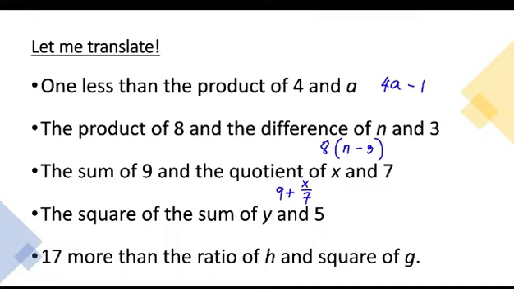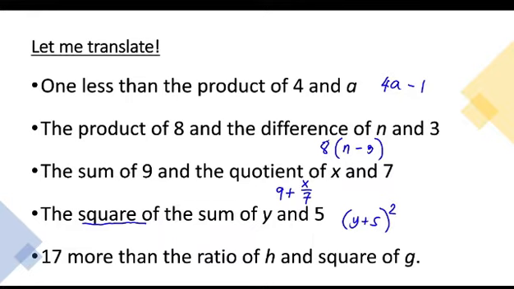Next, the square of the sum of y and 5. We are talking about the sum of y and 5, and we have a condition here that it is a square. So we can put the square here. So that's how we translate it.